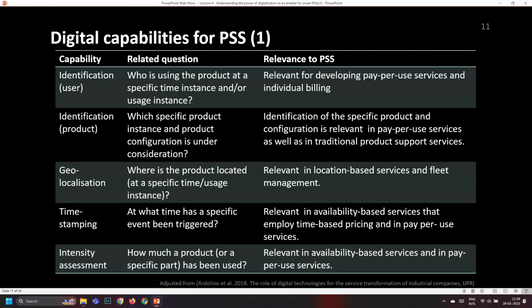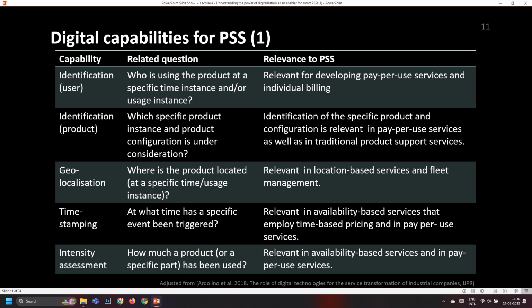These are the questions that can be answered if you have a proper digitalization system, and also if you have a PSS design in mind. First, who is using the product at a specific time, etc. So regarding the user, and which specific product instance and product model.